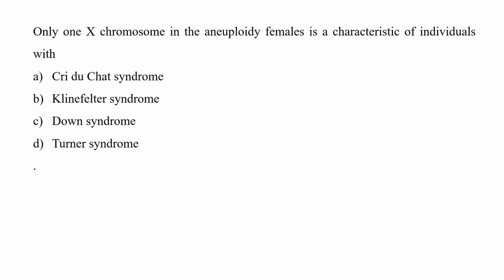So generally, all aneuploid females have either a higher copy of the X chromosome, or there is a loss of the X chromosome. Turner syndrome is a loss of an X chromosome, while Klinefelter is a gain of an X chromosome. So in the question we have been asked that only one X chromosome is there. That means out of two X chromosomes, one is lost, which is the characteristic of Turner syndrome.